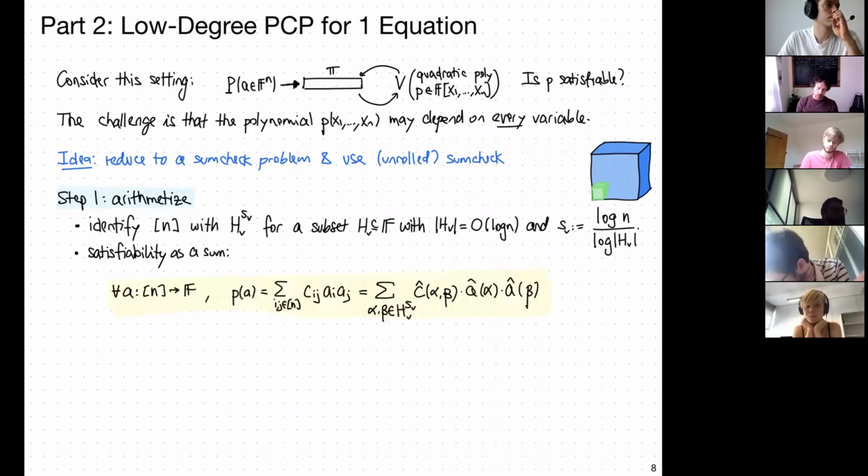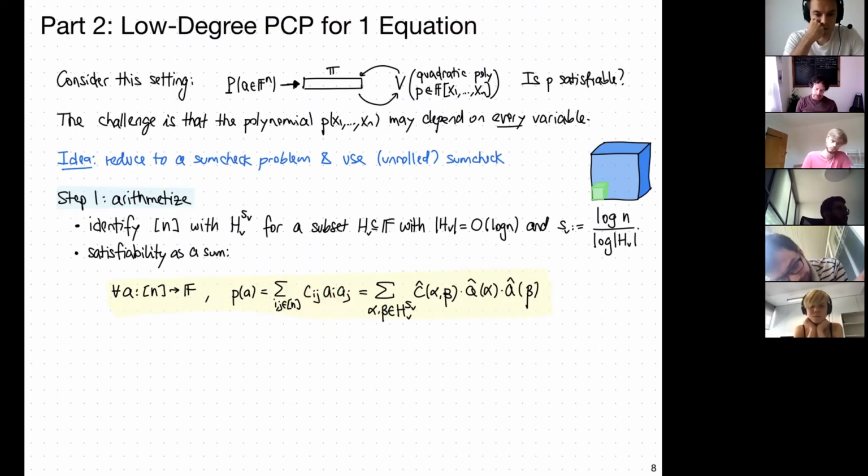So think about any possible assignment where we give each variable from 1 to n a value in F. When we apply the polynomial to the assignment, this is a quadratic equation, so we're summing over all of the monomials, each with some coefficient times the variable.